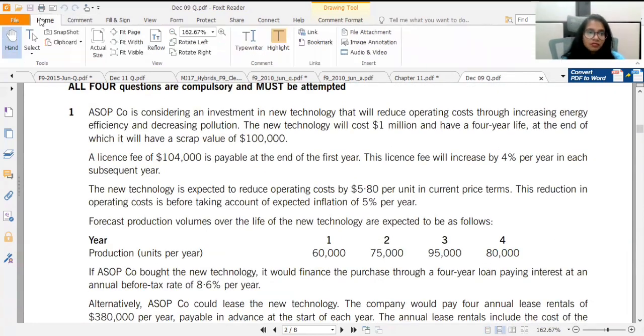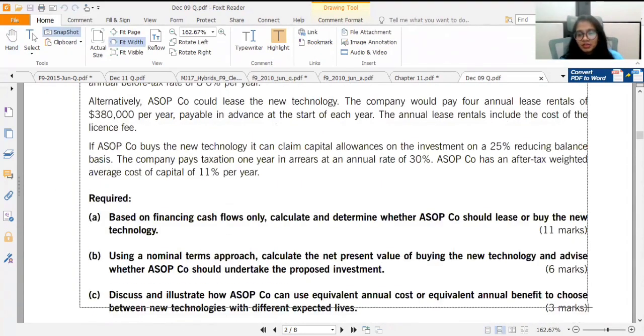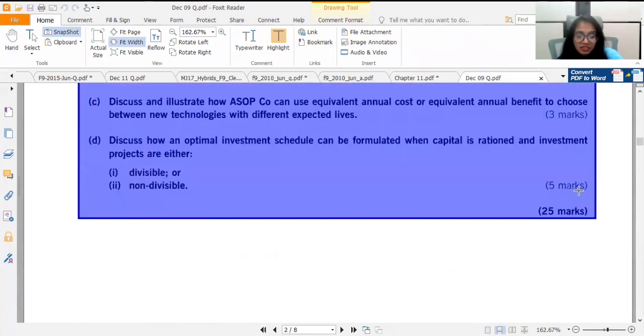So now for this question, SOPCO. SOPCO is a very interesting question. I love to do this question together with students. The reason is because this question is actually a difficult question. When I say a difficult question, that means as compared to all the other lease or buy questions that you guys have done before, this is one of the more difficult questions that you need to pay attention to.